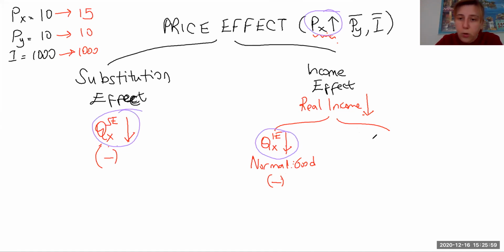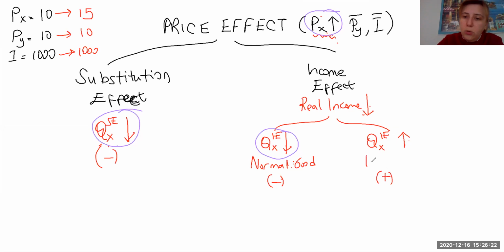But also it's possible that the consumer tells us, if real income decreases, then I will buy more of this good. So the relationship between real income and the quantity demanded is negative, but the relationship between price and the quantity is positive.